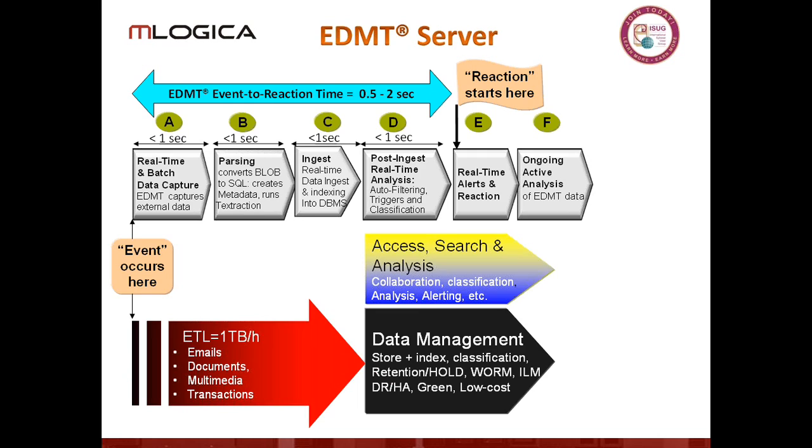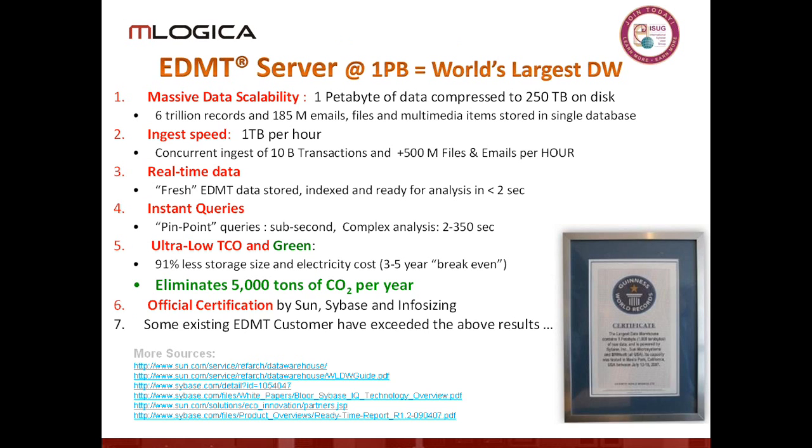Then the black box is effectively IQ storing all of the data, and now you can go and analyze it. The argument was, we know it's real time, but what about scale? What we have done is we took a petabyte of data. It was a mix of structured and unstructured data, 6 trillion records, stock trades, financial transfers, and around 200 million emails, files, and multimedia, stored in a single database.